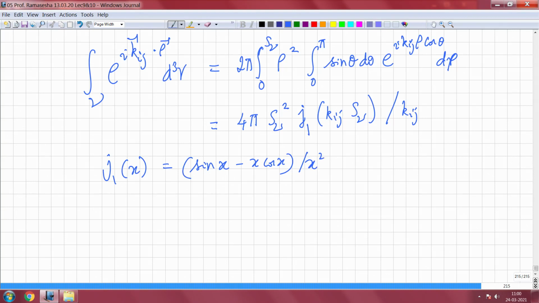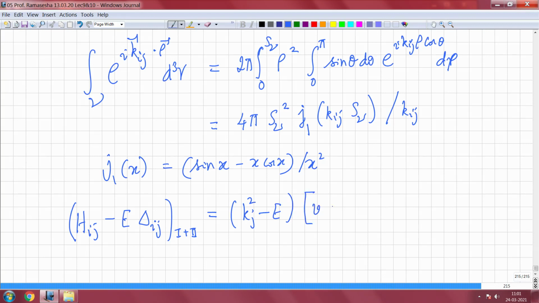With this, if I substitute into my h ij minus E delta ij in the plane wave part, over both 1 and 2, this can be written as k j squared minus E times V times delta ij.